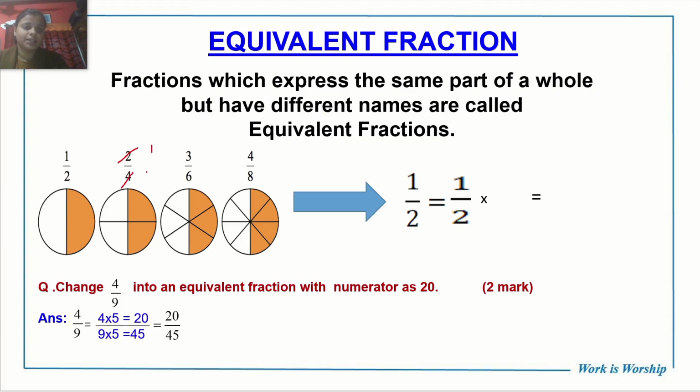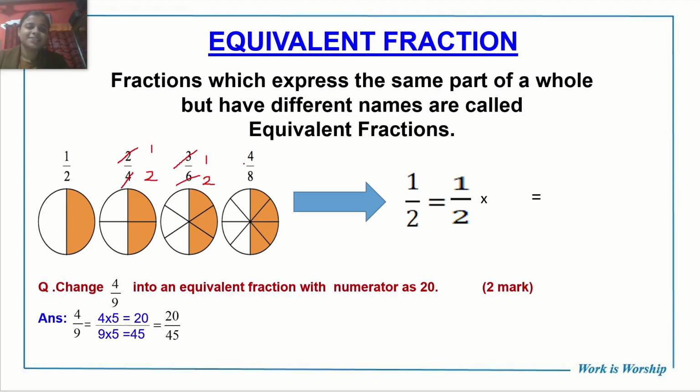We will get the same fraction as 1 by 2, right? Now we will see 3 by 6. If we cut this by the table of 3, 3 ones are 3, 3 twos are 6. Again 1 by 2.